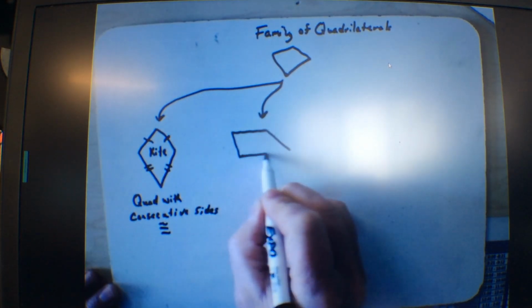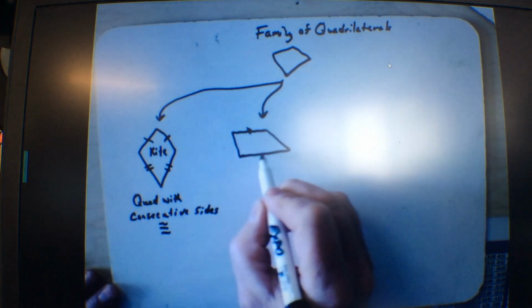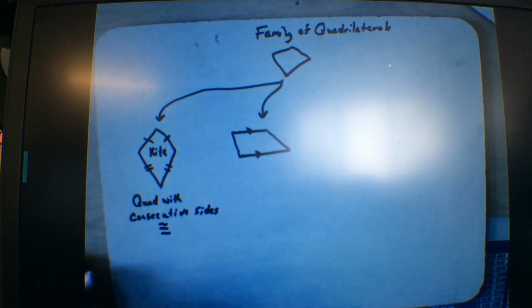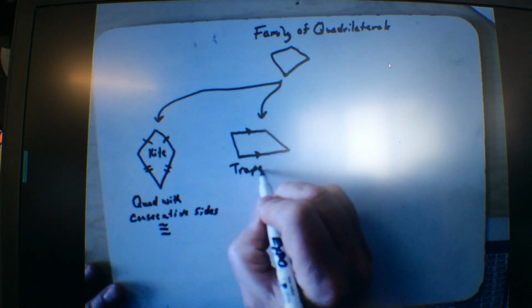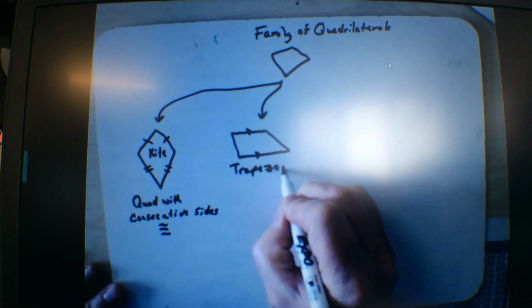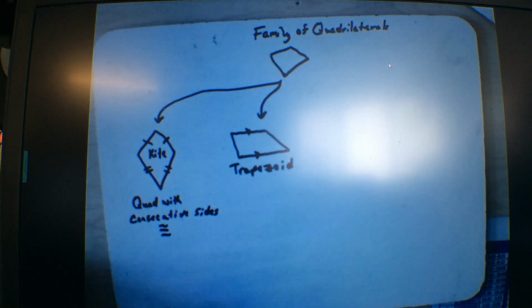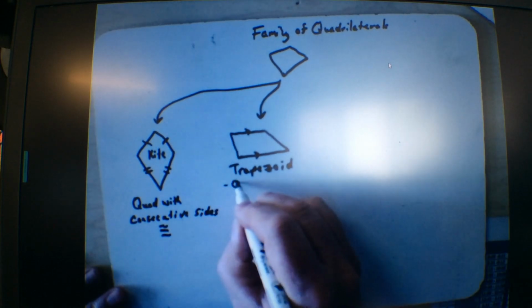Anybody know the name of this guy? Trapezoid. It's T-R-A-P, and it actually has an E there, and then zoid. Trapezoid. The E is like an I instead of an E. Trapezoid. Okay? A trapezoid is a quadrilateral.